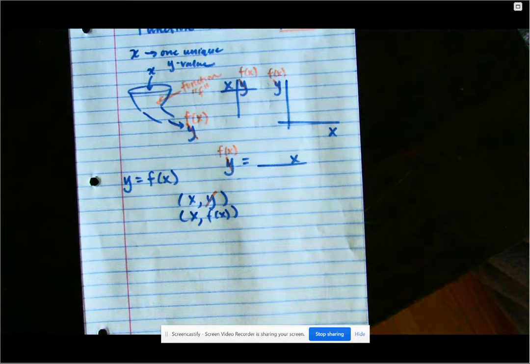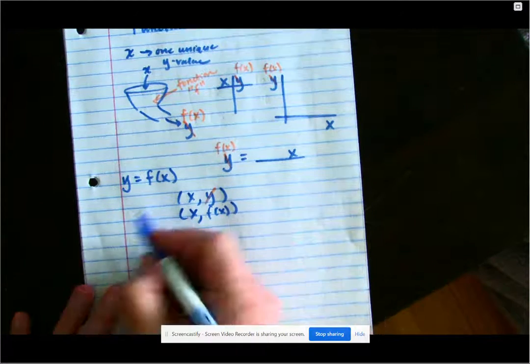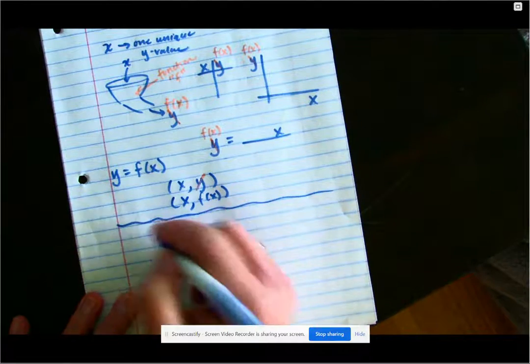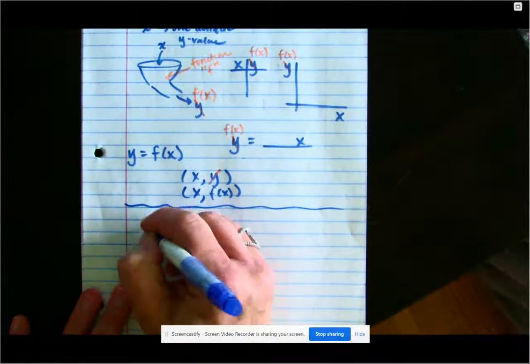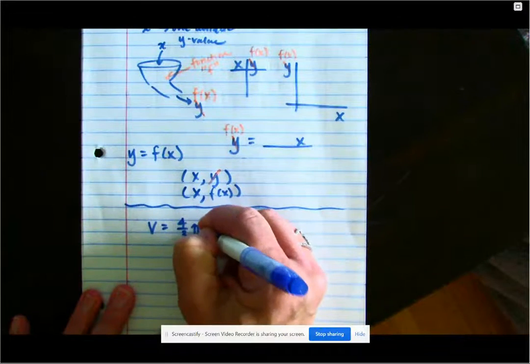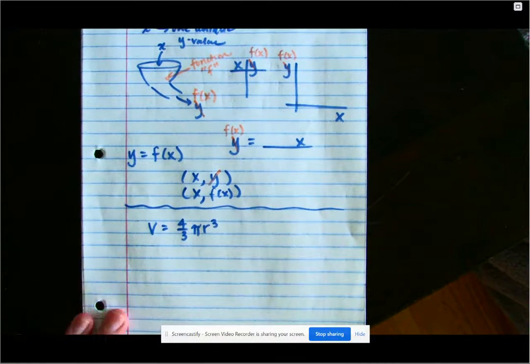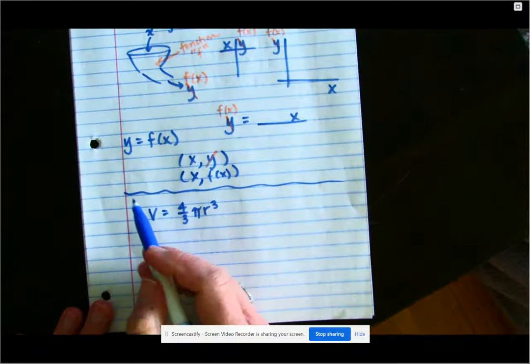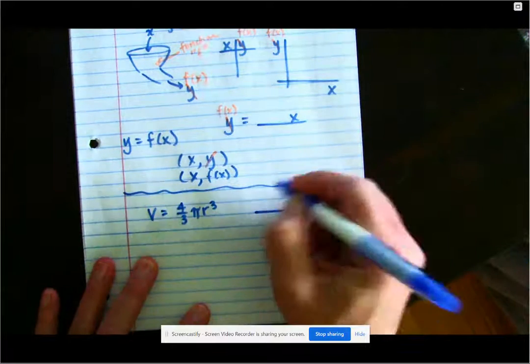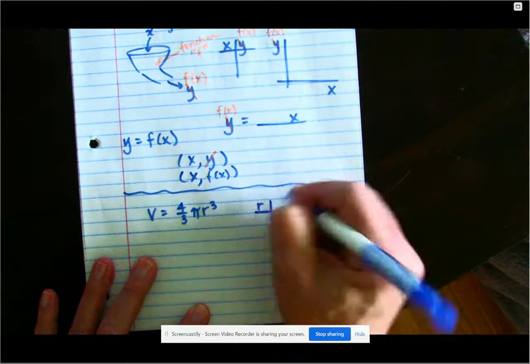The reason function notation is used: let's say we are looking at the volume of a sphere. Maybe you remember that the volume of a sphere is 4/3 pi r cubed. Everybody had that memorized? Another way to say that: what if the radius is 1?